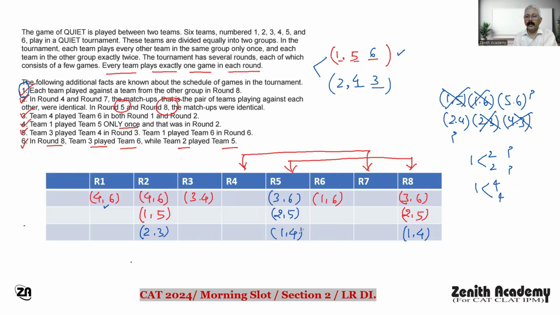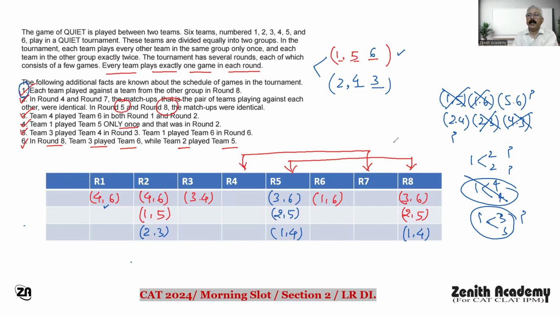Okay, it is there, because 1, 4. And 1 with 3, two matches. Anywhere 1, 3? No. So it is to be arranged. So 1 with 2 and 1 with 3 are to be arranged.